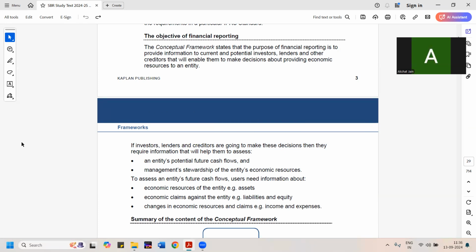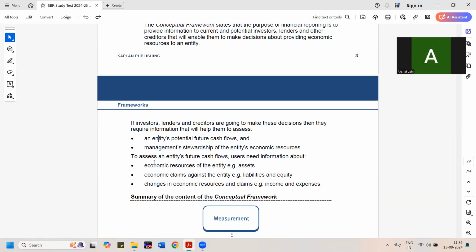So it includes every type of economic resource the company has and how well the management is using them, is there optimum utilization of them or not. So that is one thing that is showcased in financial reports.